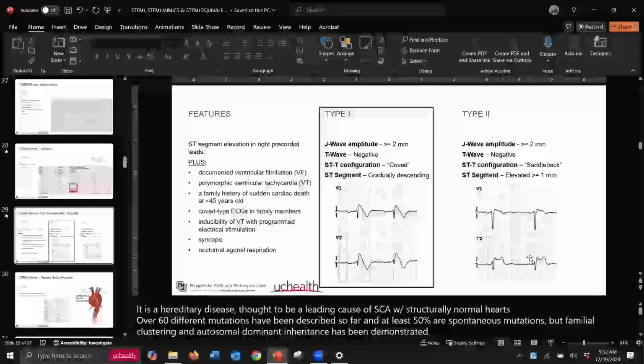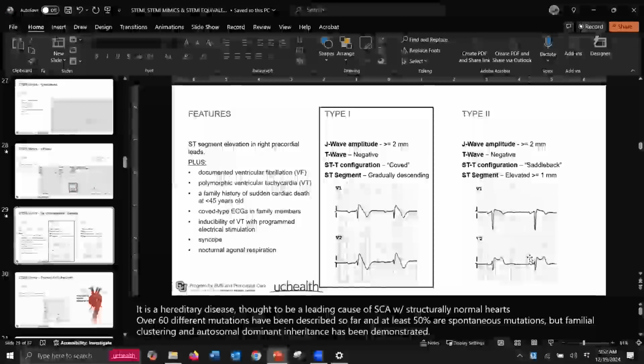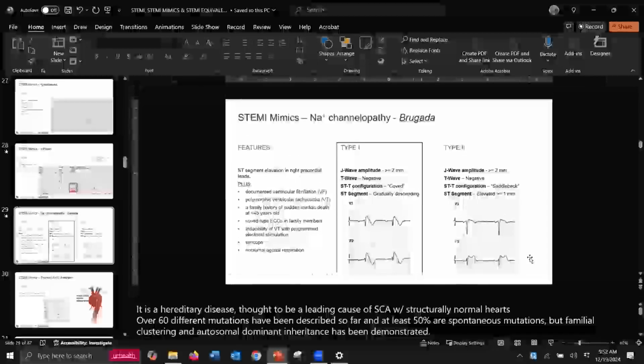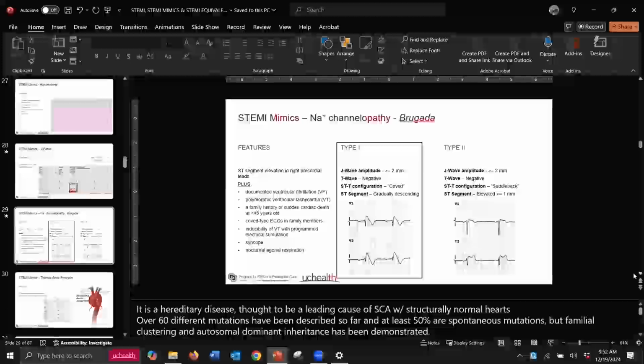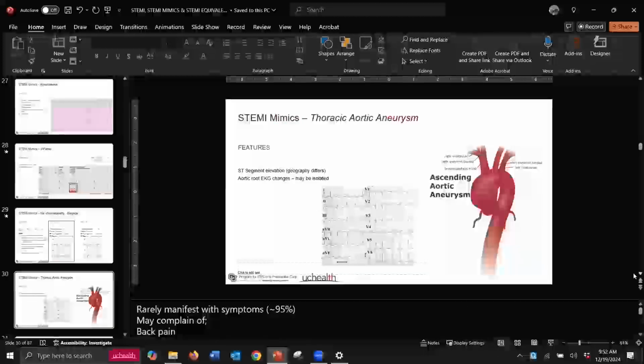Okay, so it's a bad thing. The risk of Brugada is sudden cardiac death or ventricular tachycardia.